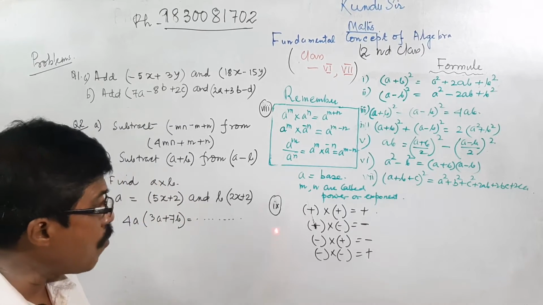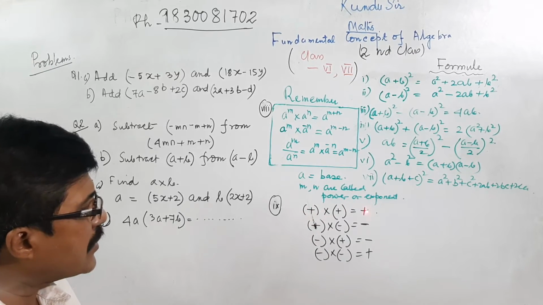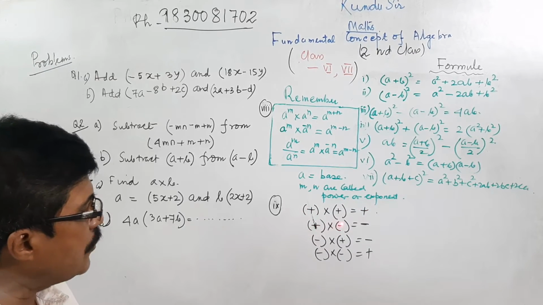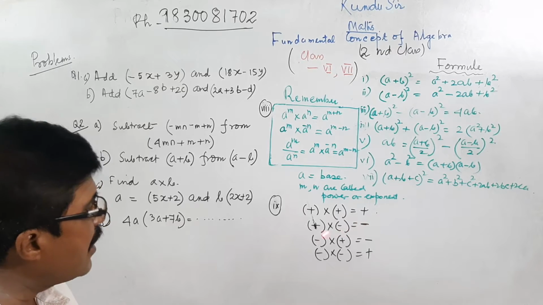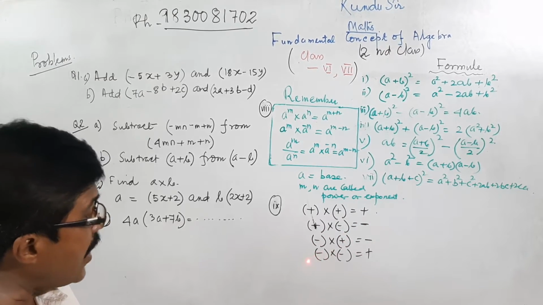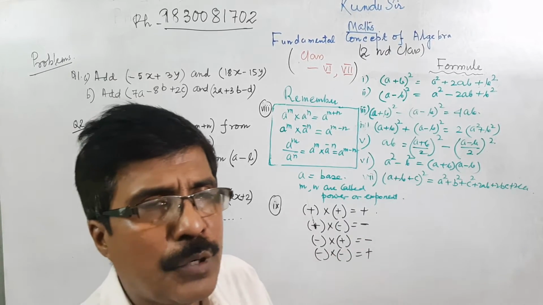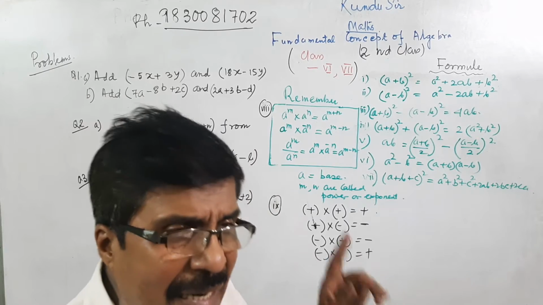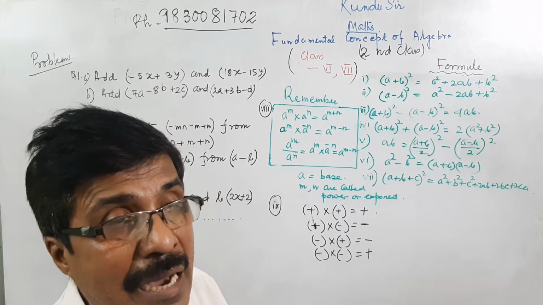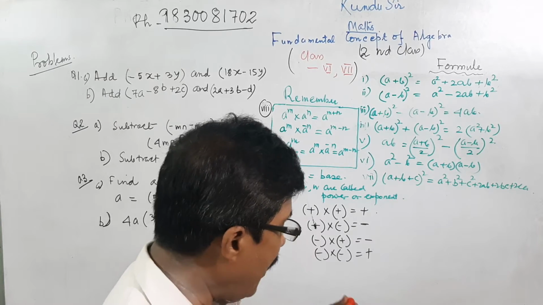Now it is most important: plus into plus equals plus, plus into minus equals minus, minus into plus equals minus, minus into minus equals plus. You have to remember that a bracket indicates the multiplication sign. It is multiplication.